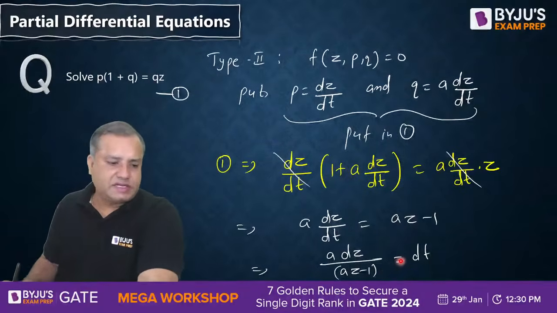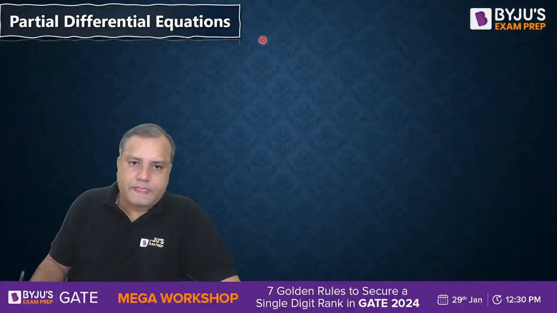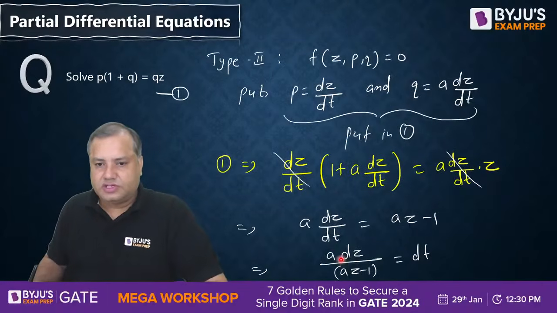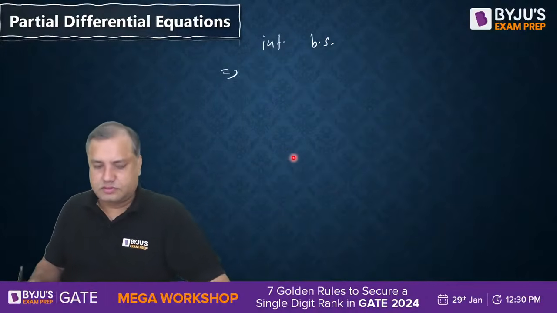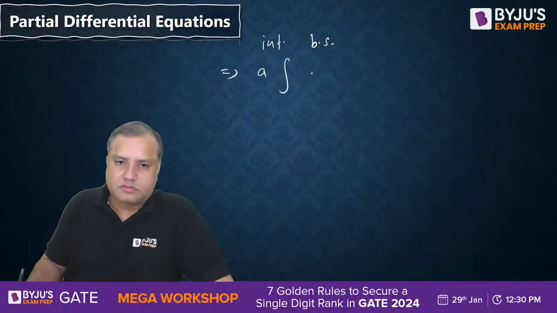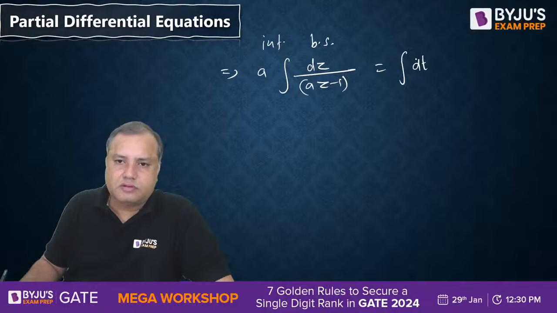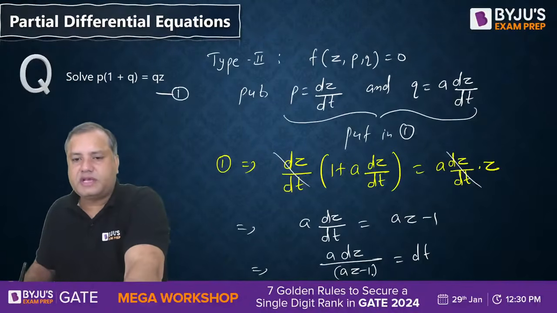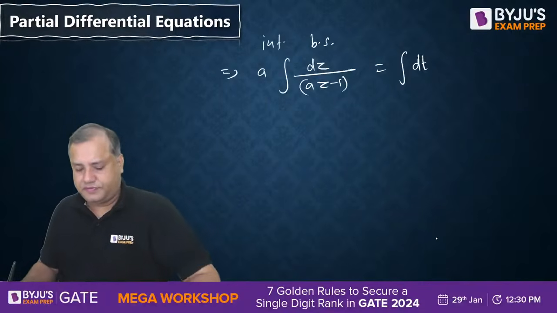Integrate both sides. So a is out: dz upon az minus 1 equal to dt.